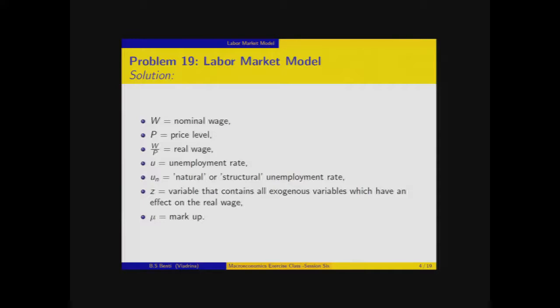W in our equation number 1 or 2 represents nominal wage, and P represents our price level at that time and period. So wage over price would give us a real wage. So this is to say nominal wage divided by price would give us a real wage.